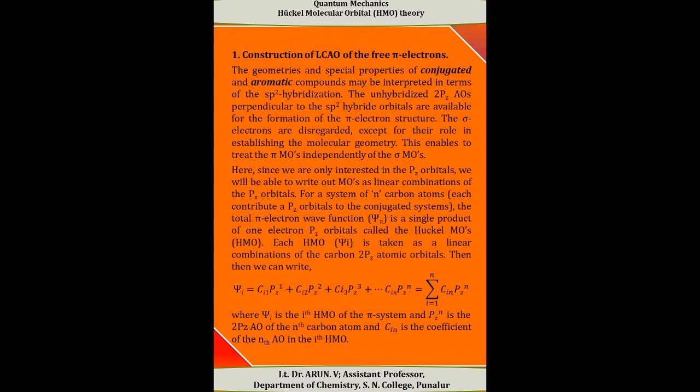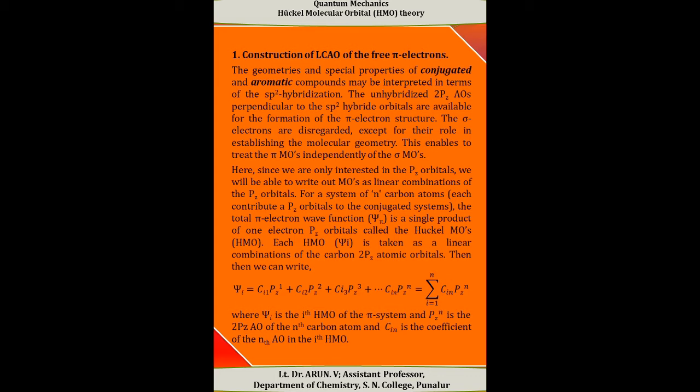Each Huckel molecular orbital psi i is taken as a linear combination of the carbon 2pz atomic orbitals. Therefore, we can write the ith Huckel molecular orbital psi i equal to Ci1 pz1 plus Ci2 pz2 plus Ci3 pz3 and so on up to Cin pzn, that is equal to the summation over n of Cin pzn.